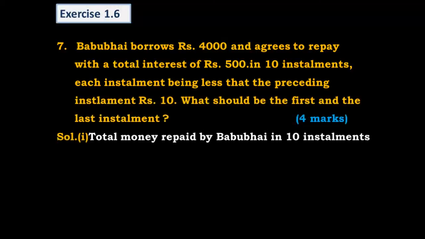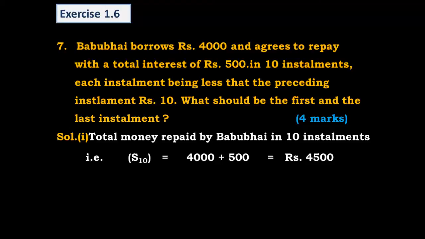The total money repaid by Babu Bhai is in 10 installments, that means n is equal to 10. Now S10 will become the total amount repaid, 4,000 plus 500, that is rupees 4,500.